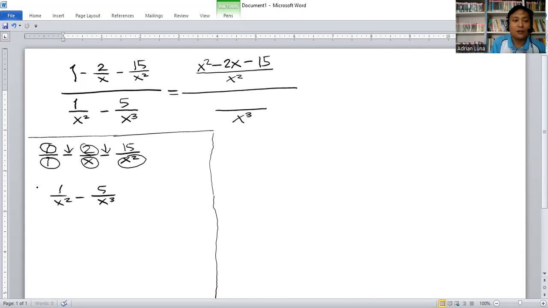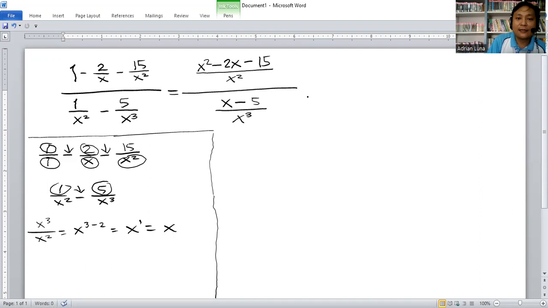X cubed divided by x squared, sa laws of exponents, sinubtract lang. Ang natira is x raised to 1 or simply x. So, x cubed divided by x squared is x times 1. Kaya tayong x minus, kasi nga, minus 2. X cubed divided by x cubed is equivalent to 1 times 5. Kaya 5.